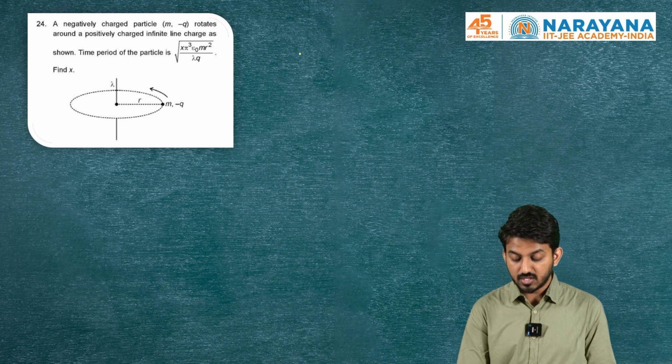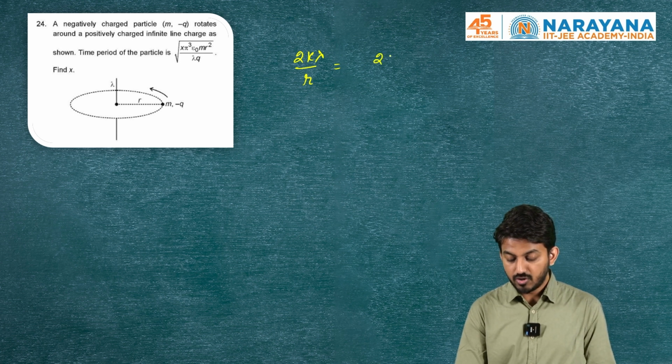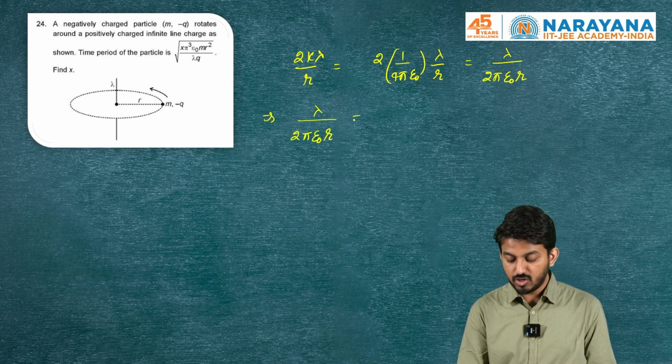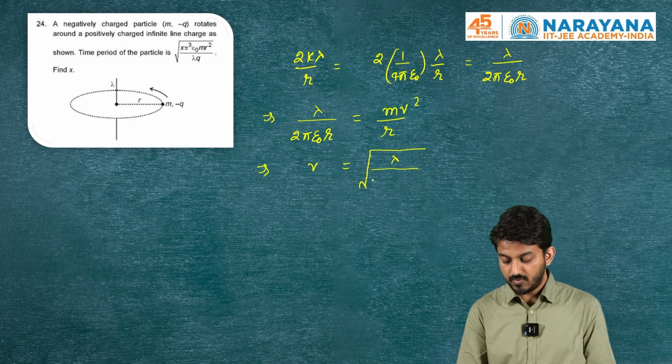Now electric field due to a line charge is going to be 2k lambda by r, which is equal to 2 times 1 over 4 pi epsilon naught, lambda by r, and this value comes out to be lambda over 2 pi epsilon naught r, and this should be equal to mv square by r because it is undergoing circular motion, giving us v is equal to root over lambda divided by 2 pi epsilon naught r m.